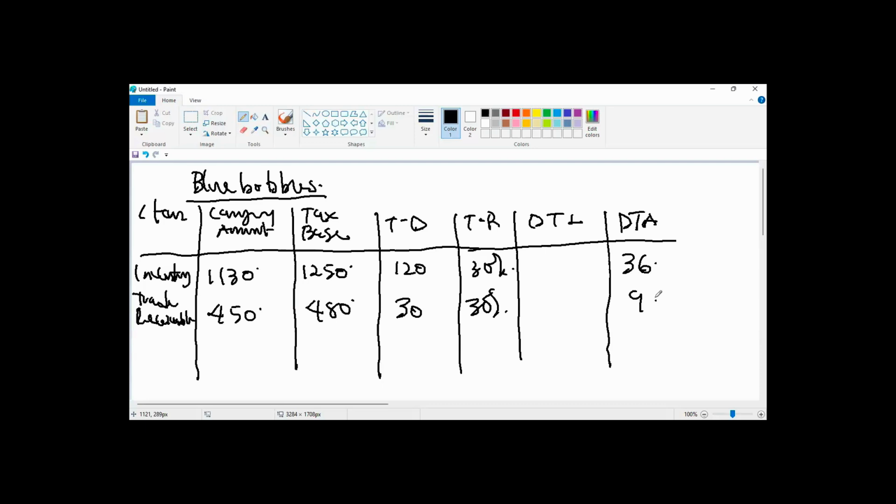Property, plant and equipment has a carrying amount of 3050 and a tax base of 2750. During the year end, the property was revalued upward by 150. What is the carrying amount and what is the tax base?